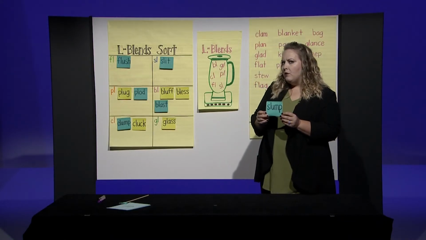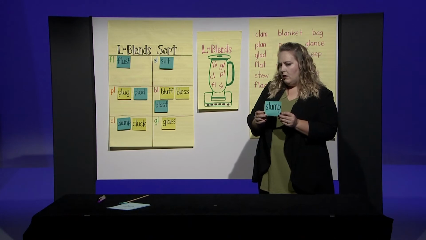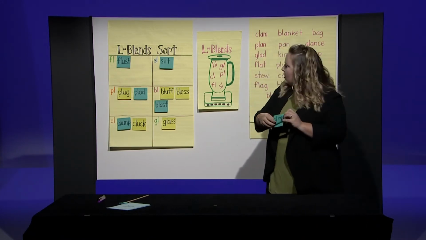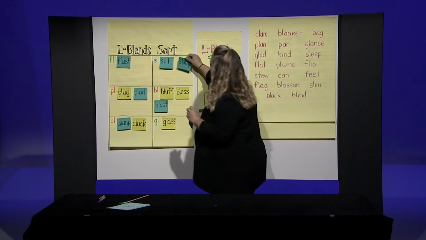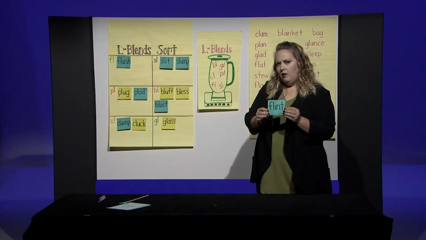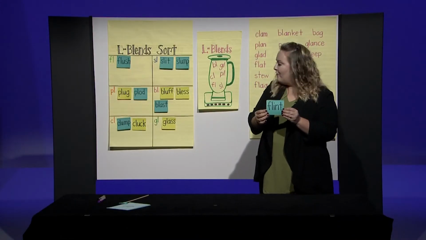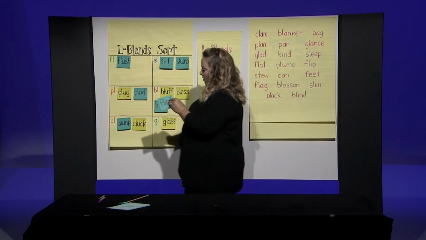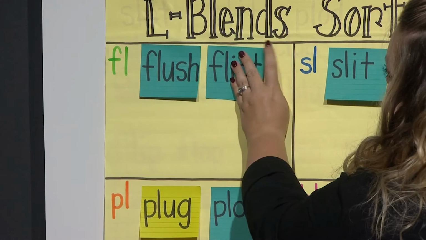What about this one? Take your time and sound it out. Slump. Awesome, I heard you. Slump's going to go with our SL blends. Flint. Where does flint go? With our FL.